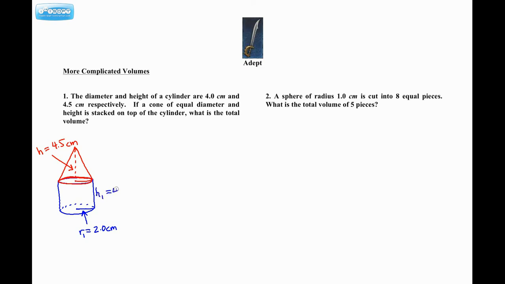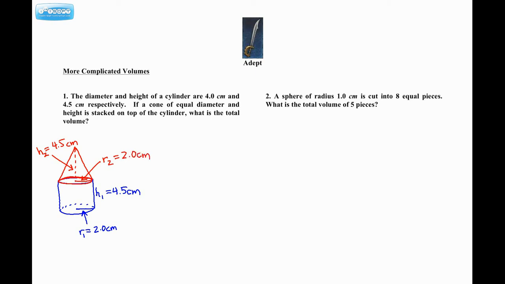Again, they are going to be the same, but when I write everything out using different colors, I want the labeling to be consistent. So this is going to be H2. All right, and then of course this is the same. So R2, that's 2 centimeters.